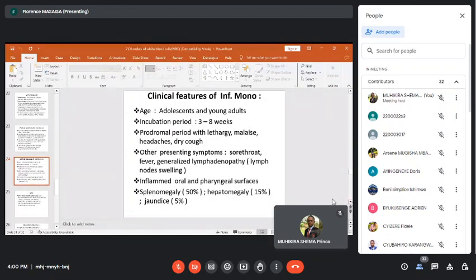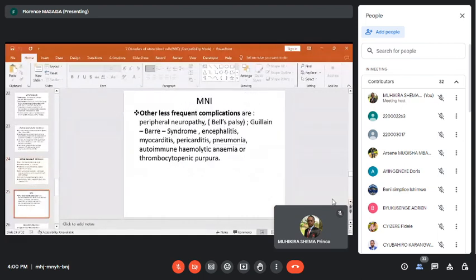They may present with inflamed oral and pharyngeal surfaces, and 50% may present with splenomegaly, jaundice in 5%, and hepatomegaly in 15% of the cases. Apart from hematological manifestations, they may also have peripheral neuropathy, Bell's palsy, Guillain-Barré syndrome, encephalitis, myocarditis, and so on.